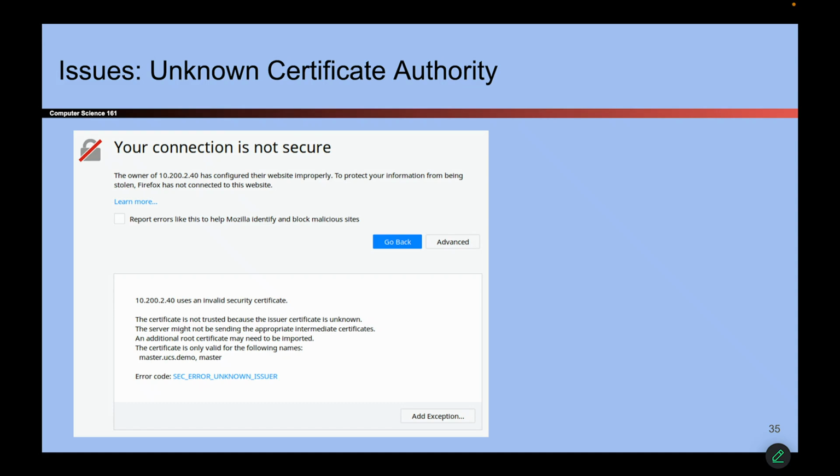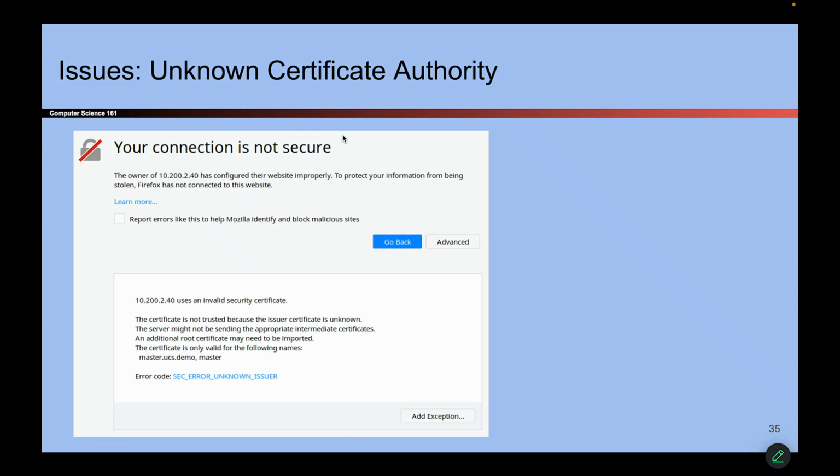One problem is if the third party isn't trustworthy. What if the server sends a certificate and it says, here's my public key, and it's signed by Joe? OK, who is Joe? I don't know. We don't know who the third party is that signed the certificate. So what browsers will do in that case is they'll show you this warning.